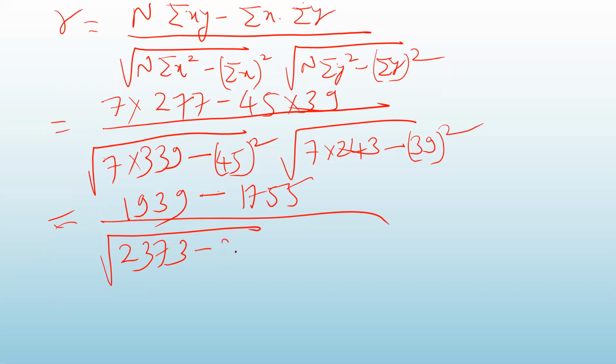So 2025. Then square root of 7 into 243. 7 into 243 is 1701, minus 39 square. So 39 into 39 is 1521. Okay.